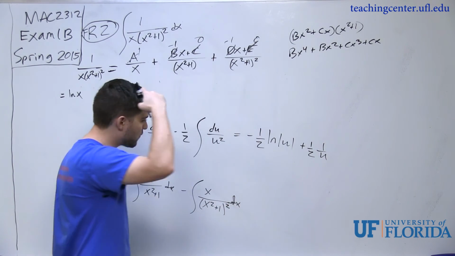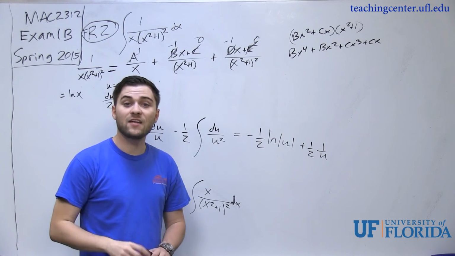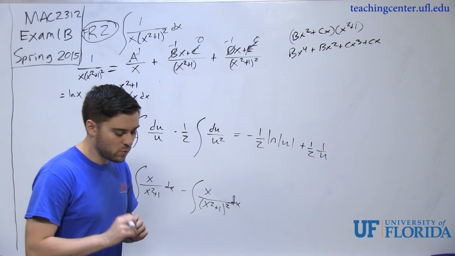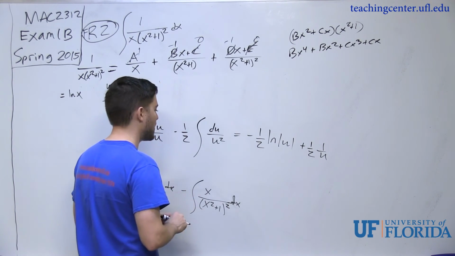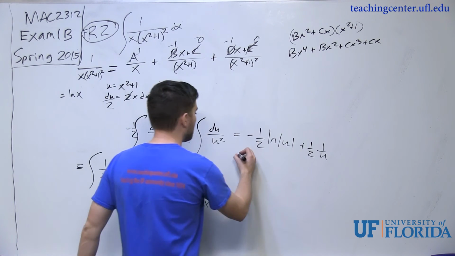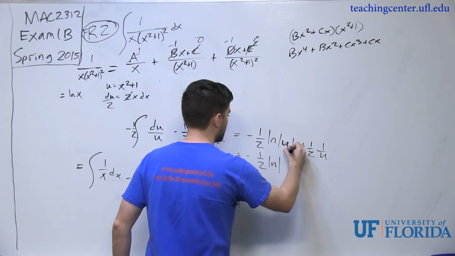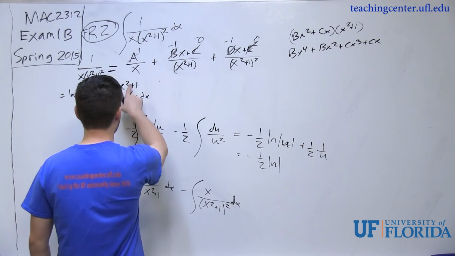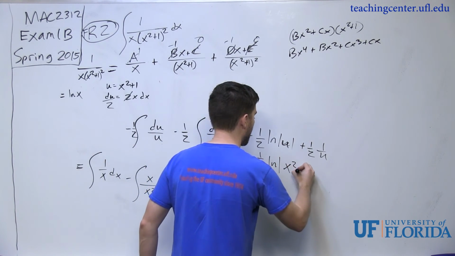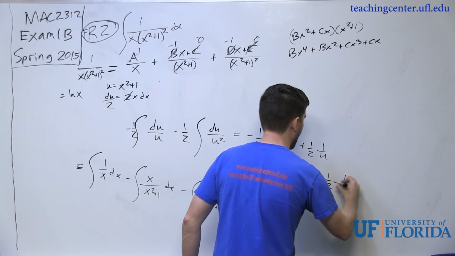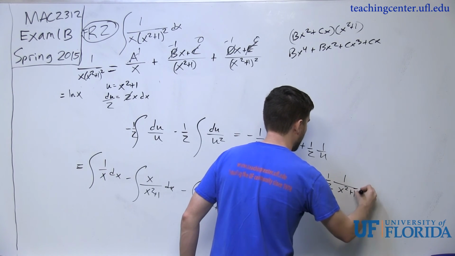When I integrate du over u squared, I end up getting -1 over u. That negative and that negative cancel out, and I'm left with a positive term at the very end. And then all I need to do is plug back in. So I have natural log of, this is a u, so I'm plugging back in for x squared plus 1, plus 1/2 1 over x squared plus 1.